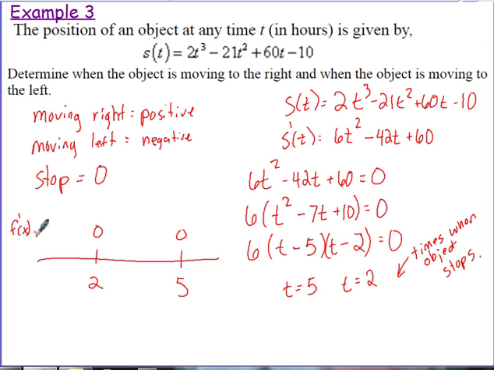Everything. 1, 0, negative 1, negative 2, except one thing. What can I not test in this case? Now, I can test 0. I can't test negatives. Why? Why can I not test negatives? What does t represent? Time. No such thing as negative times. Everybody got that? Okay, so I am not going to test a negative.